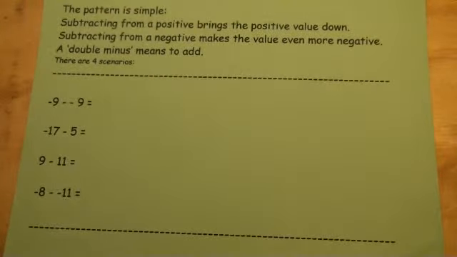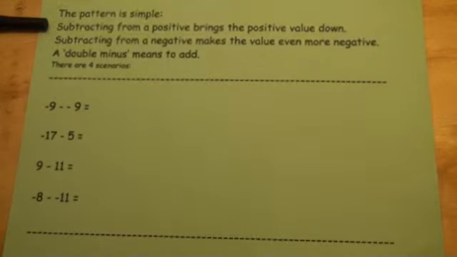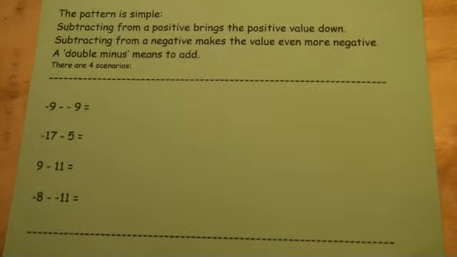The pattern is simple. Subtracting from a positive brings the positive value down. Okay, so 8 minus 3 brings the 8 down to a 5. Negative 17 minus 3 brings the negative value down to negative 20. Subtracting from a negative makes the value even more negative, just as we have said.